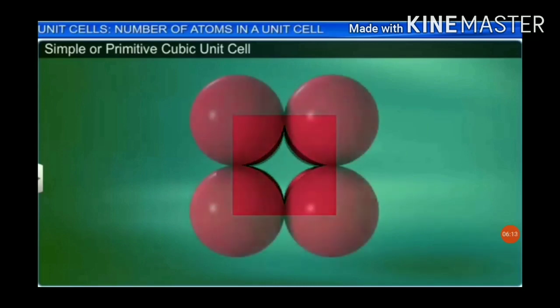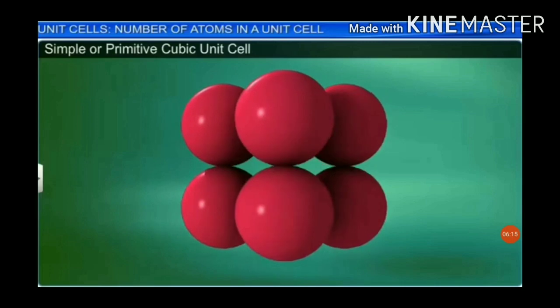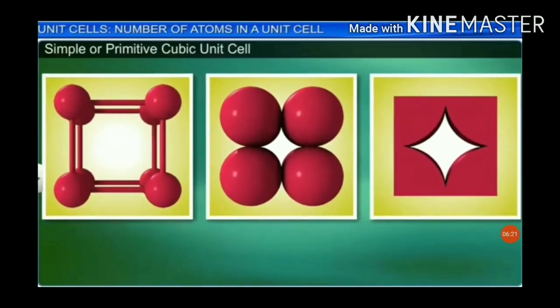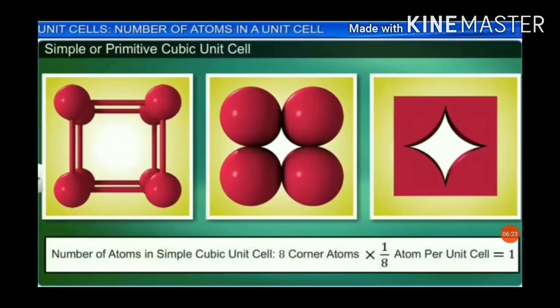Therefore, the number of atoms in a simple cubic unit cell is equal to 8 into 1/8, which is equal to 1 particle. Thus, the effective number of particles denoted by the symbol Z for a simple cubic lattice is equal to 1.